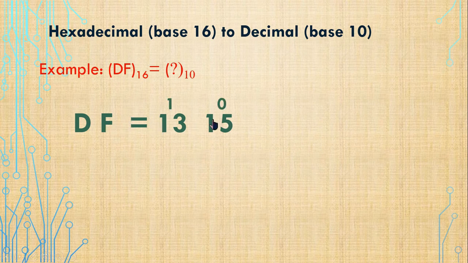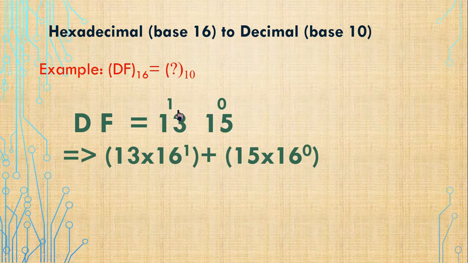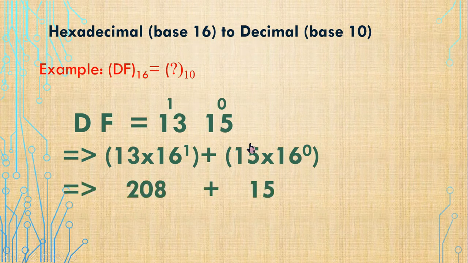While increasing the power, we have 0 and 1. Therefore we have 13 times 16 raised to the power 1, where 16 is the base and 1 is the exponent, plus this 15 times 16 raised to the power 0. Simplifying this, we'll have 223 as our result.